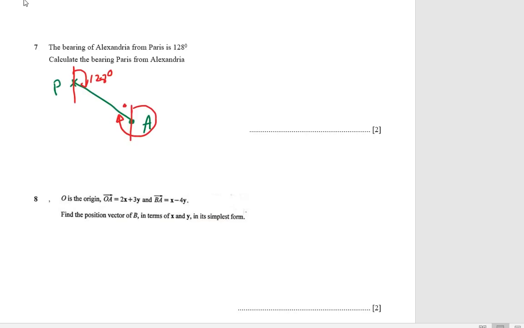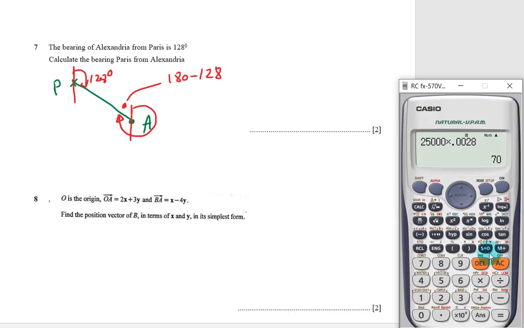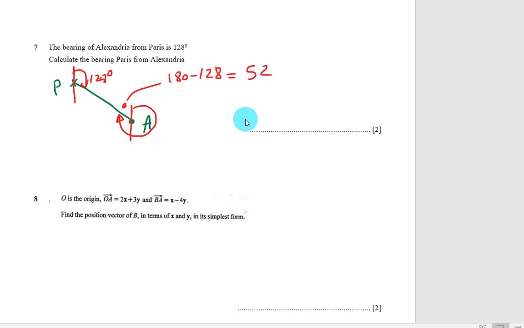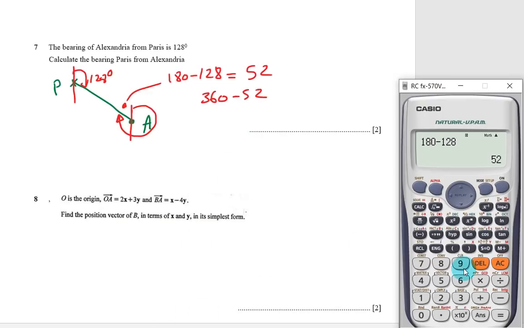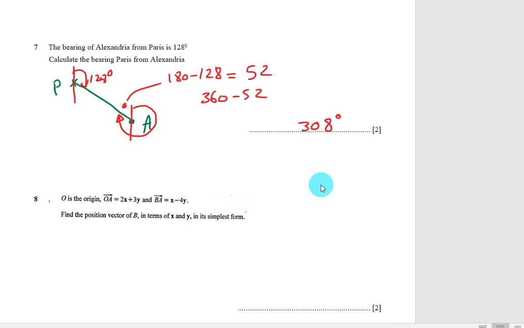The small angle here is equal to 180 minus 128, so the angle is equal to 52. So the bearing angle will be 360 minus 52, which is 308 degrees.